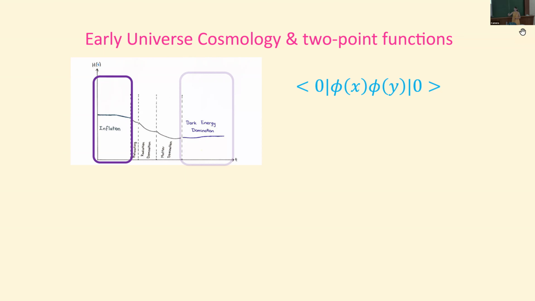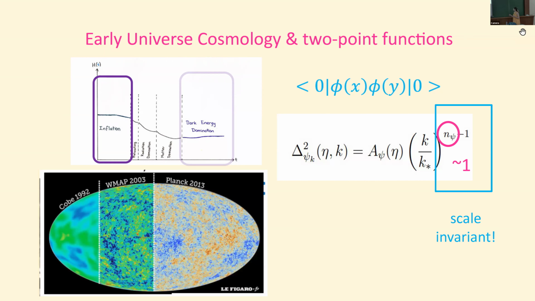It's partly because we are coming from a cosmology background. And so as cosmologists, what do we do? We compute correlation functions, not just two-point functions, but for now, let's focus on two-point functions of scalar fields in the early universe.